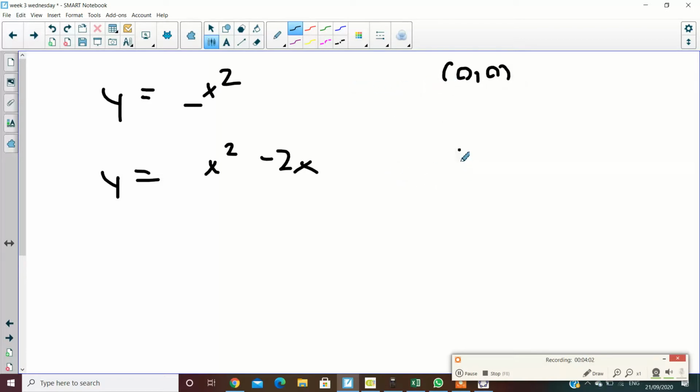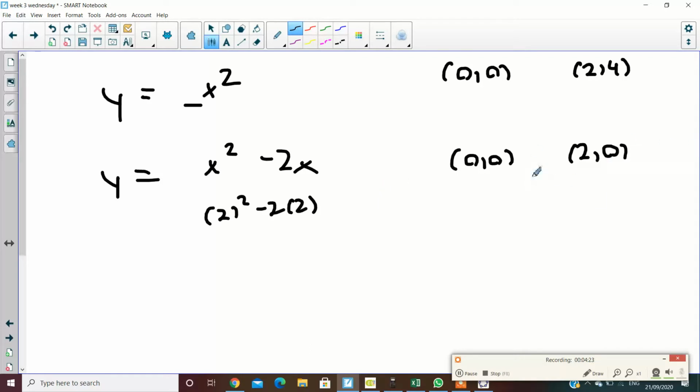Is 0, 0 also a point on this one? It is. What about when x equals 2 here? It was 2, 4. But what about when x equals 2 for this one? 2 squared, take away 2 times 2? What is it? 2, 0. So this one has 2 points where it crosses the x-axis.